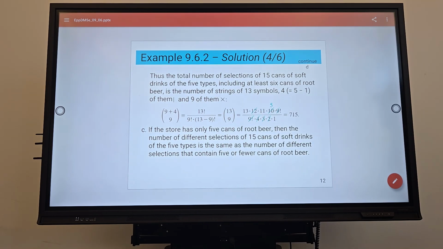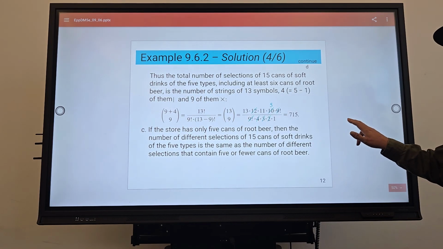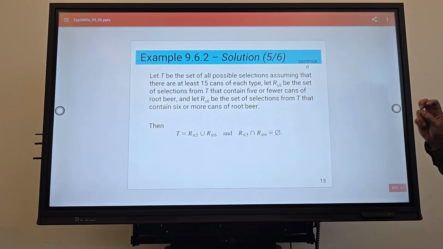If the store has only 5 cans of root beer, then the number of different selections of 15 cans of soft drinks of the 5 types is the same as the number of different selections that contain 5 or fewer cans of root beer. Let T be the set of all possible selections, assuming that there are at least 15 cans of each type.